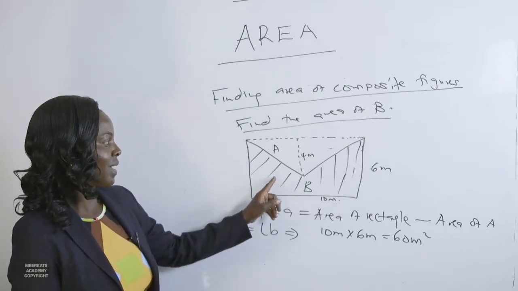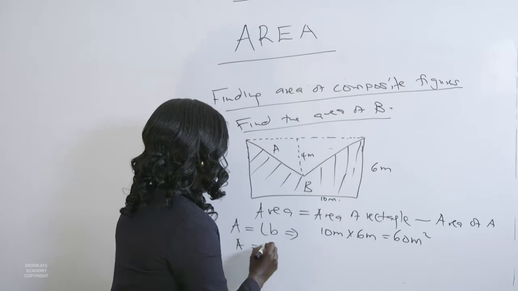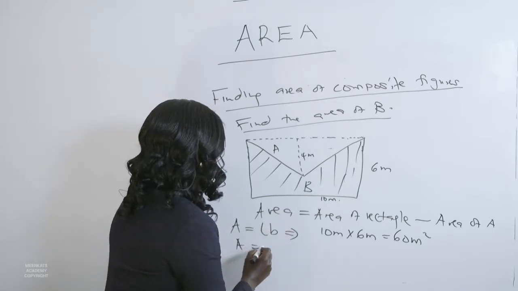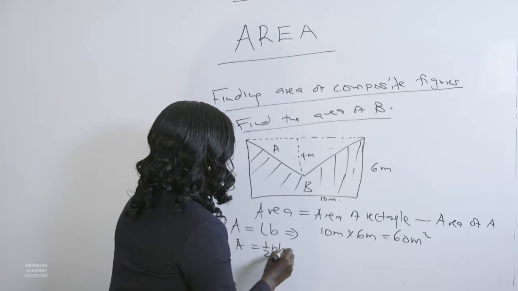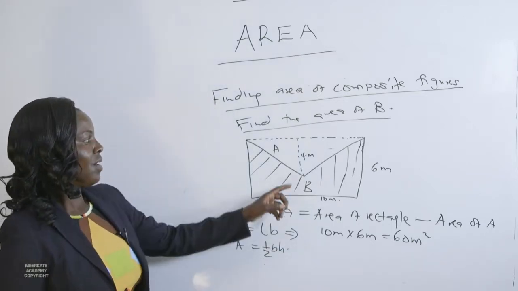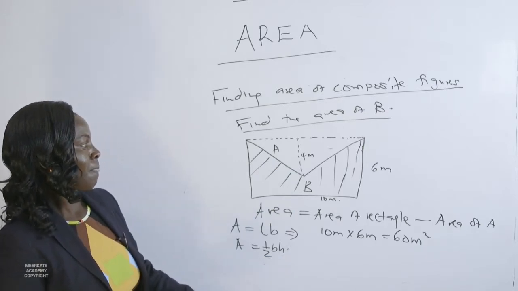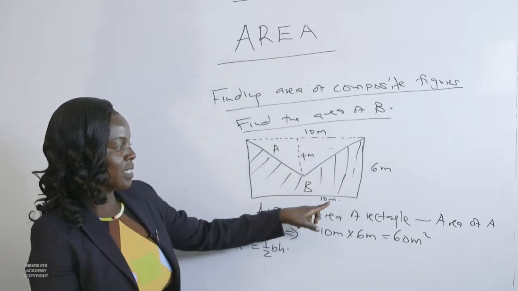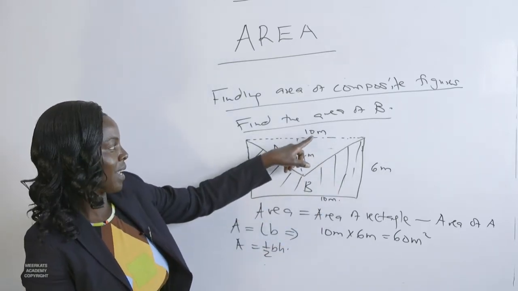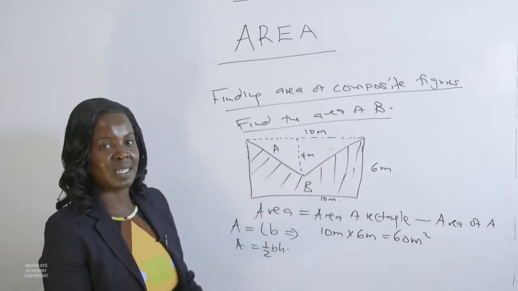That is for the rectangle. The area of the triangle is given by a half base times the height. Because these are opposite sides of a rectangle and they are equal, it means that this side is also 10 meters.